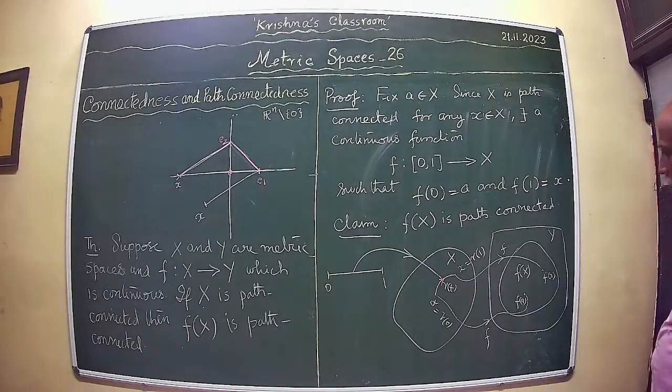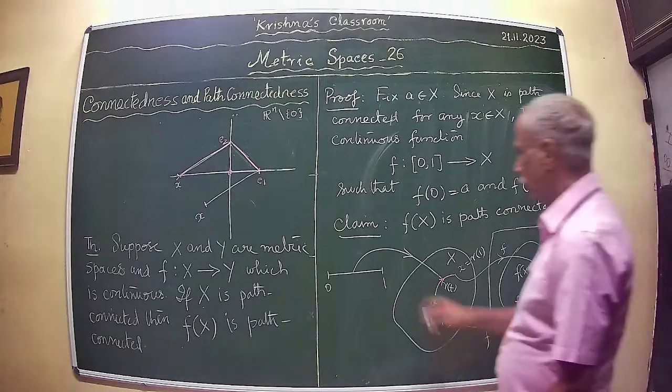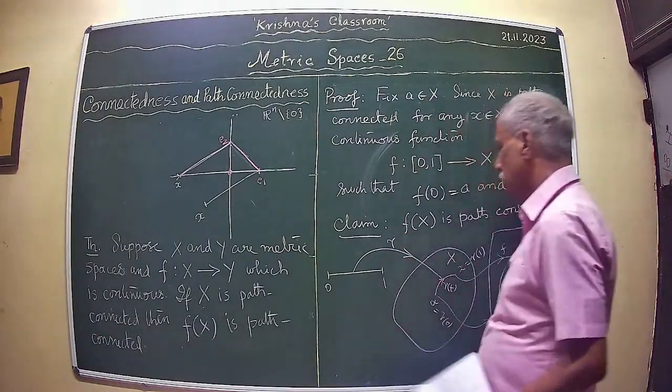Okay. Now what do you do? You consider, so this is your gamma. This gamma is a continuous function.